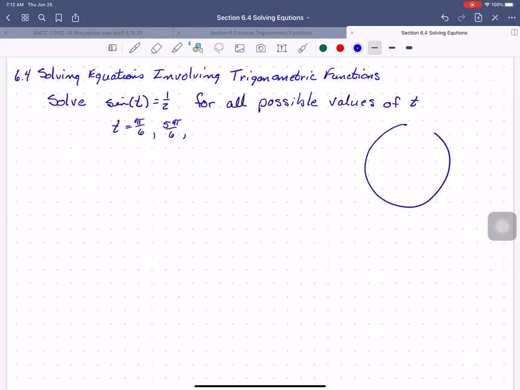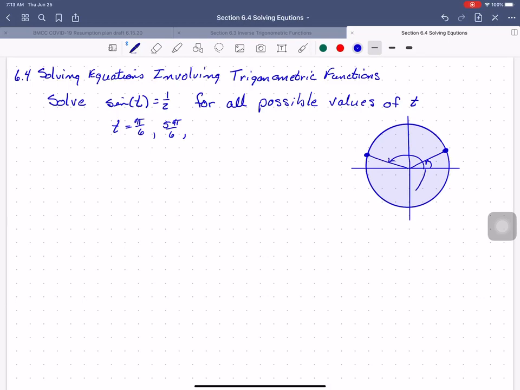So what I'm doing is in my head, I'm thinking about my unit circle. This angle, which is pi over 6, has got a sine of 1/2. This angle, which has a sine of 1/2, is 5 pi over 6. But I can get there other ways too, right?